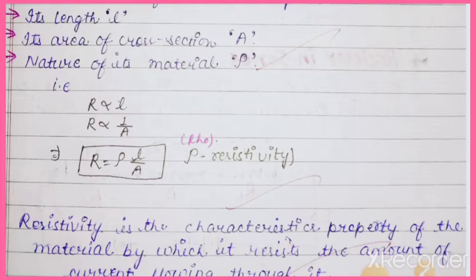This is also called specific resistance, and it is represented by rho, right? So R is equal to rho into L upon A, or when we move rho to the left-hand side, then rho is equal to R into A upon L.